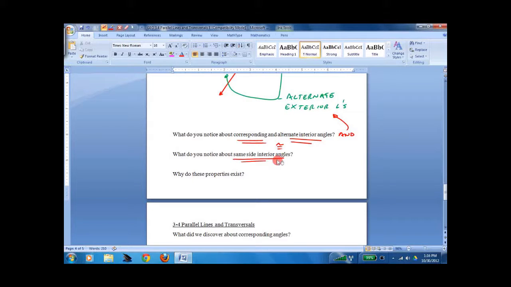Same side interior angles were supplementary. In other words, they add up to 180 degrees. And that's it. That's all we're doing.